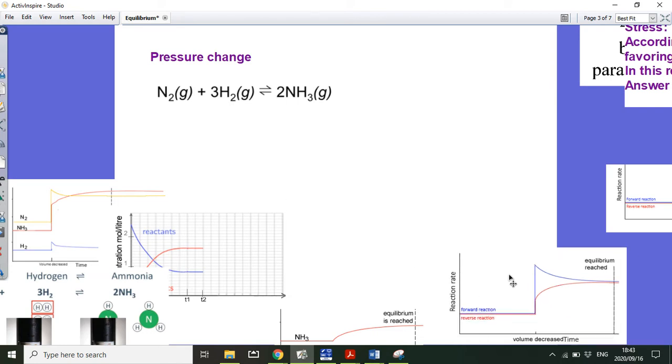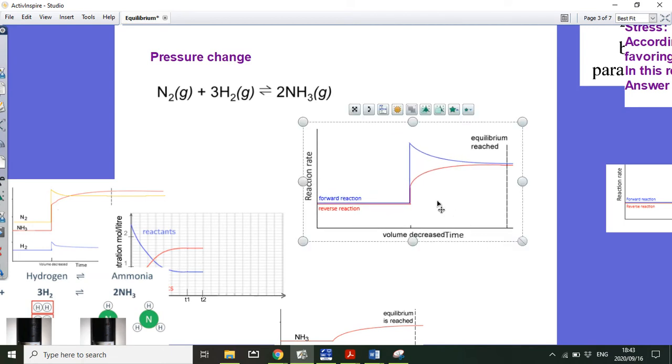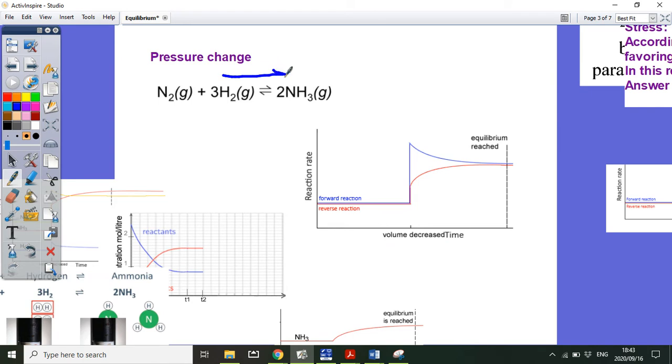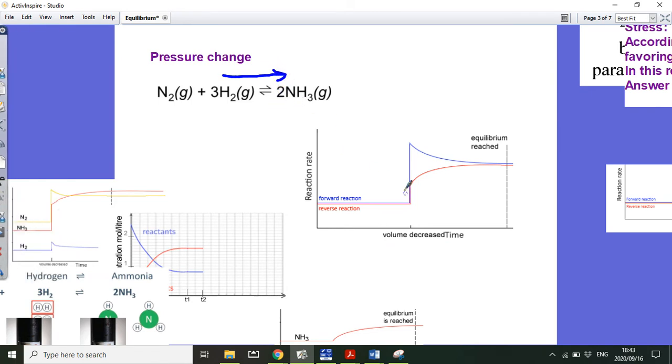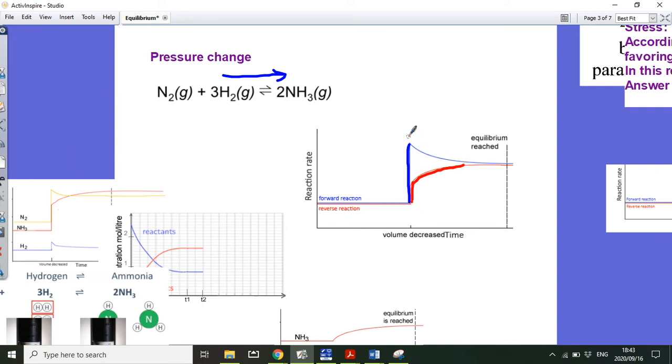And if you remember from the previous chapter, if concentration goes up, both reactions will go up first, and then you look at which one will go up more. We said the forward reaction was favored because it's giving us fewer particles. So the forward reaction will go up more than the reverse reaction, and then once they're there, they reach their happy equilibrium again.